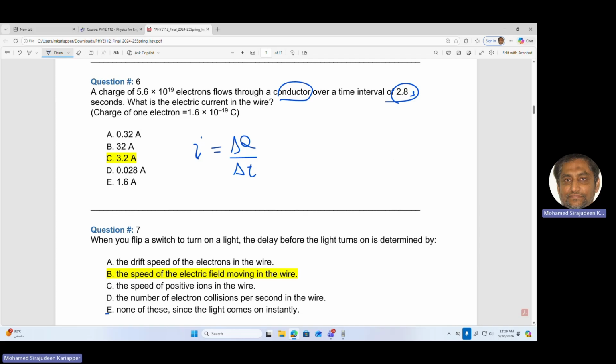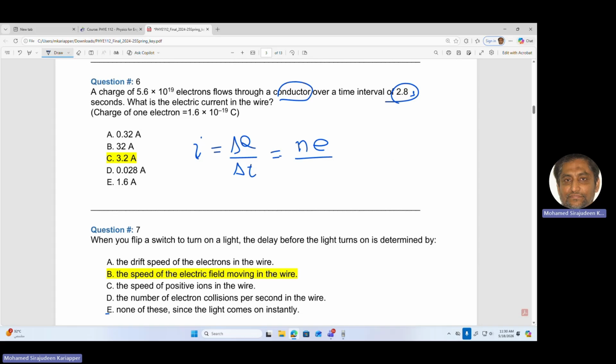So you are staying in one place and looking at the electrons passing. It is a number of electrons, but each electron has a charge. So the charge will be the number of electrons multiplied by the charge of one electron.